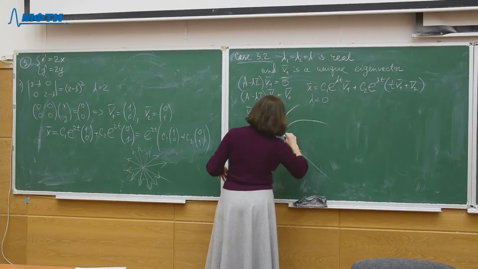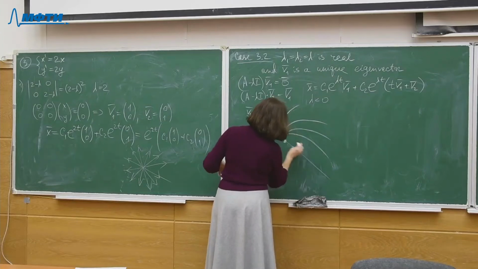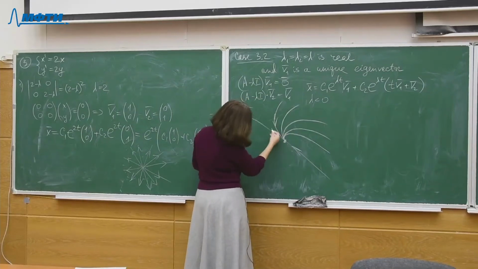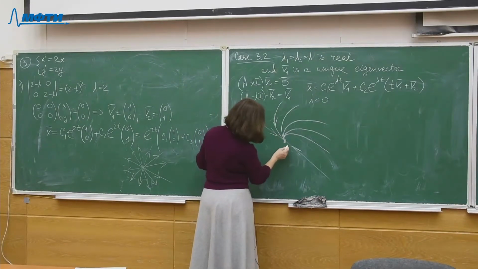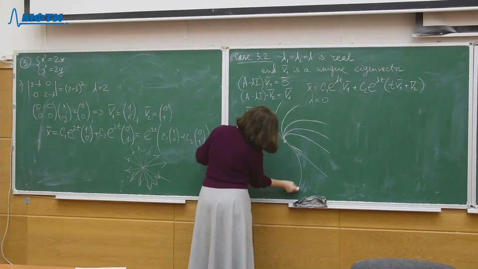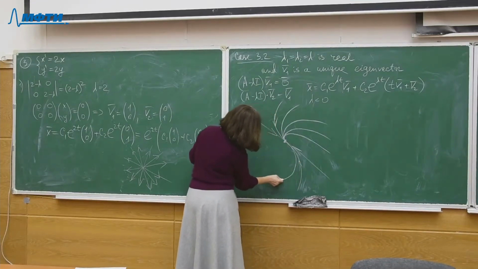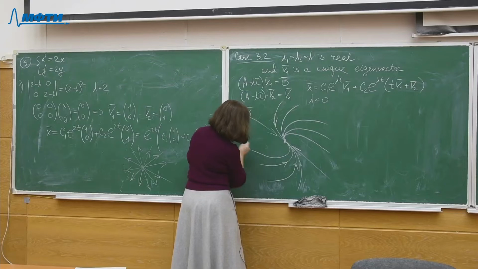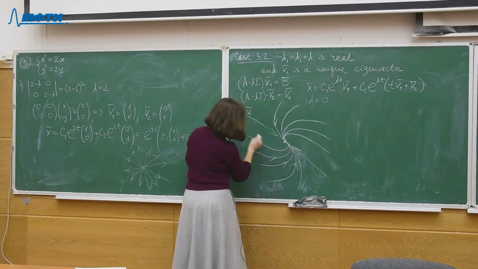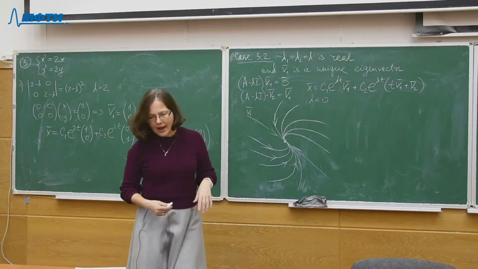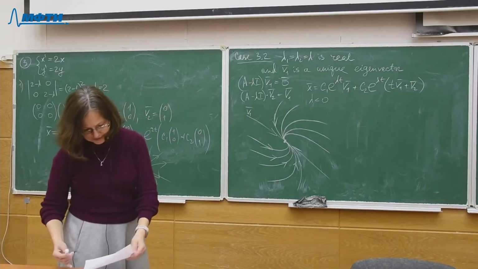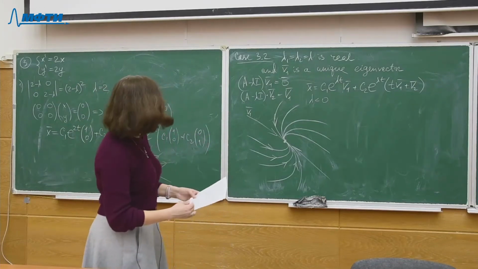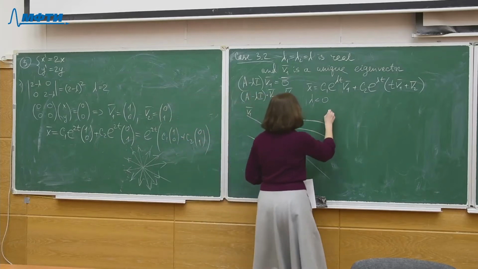So it will be something like this. All the trajectories will be tangent to this straight line, and it is called an improper node, or degenerate node, improper or degenerate node.